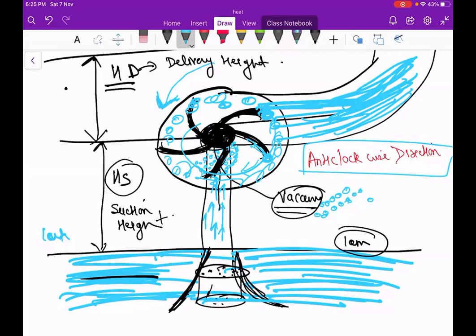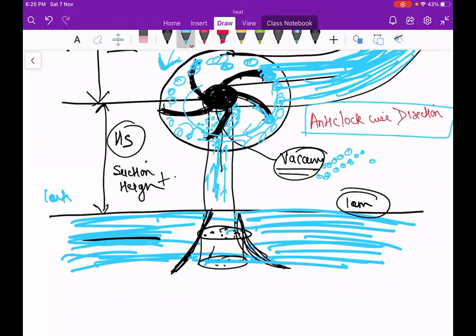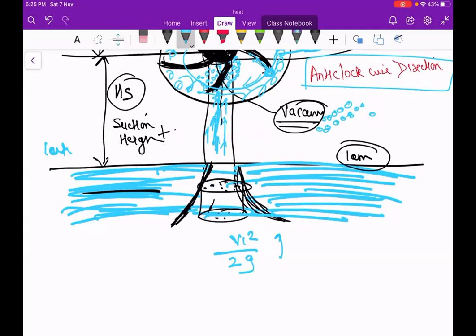Again the fluid will move from higher pressure to lower pressure, because when the fluid is moving here, velocity is increasing. V1 square by 2g is increasing, so when velocity increases, P1 by rho g decreases. It is inversely proportional, and this can be easily proved by Bernoulli's equation.